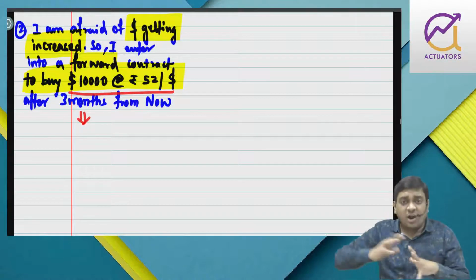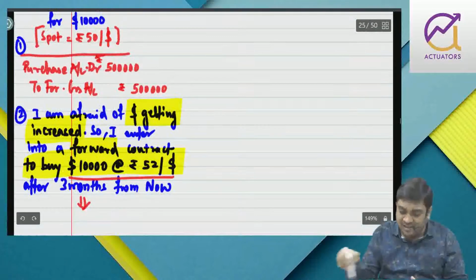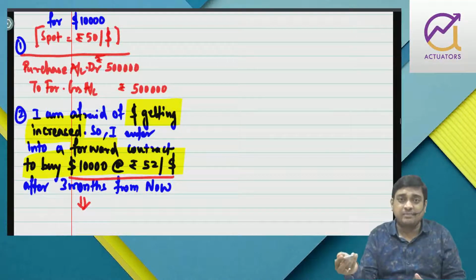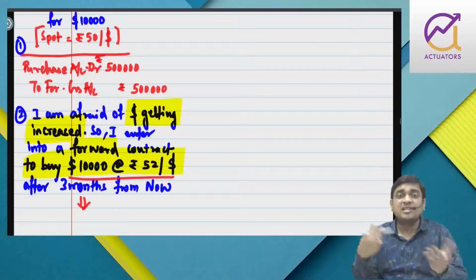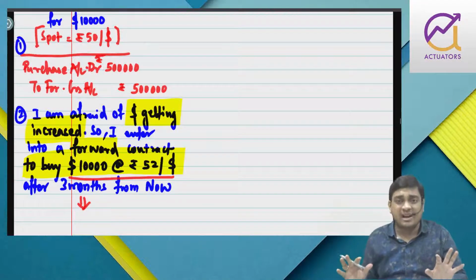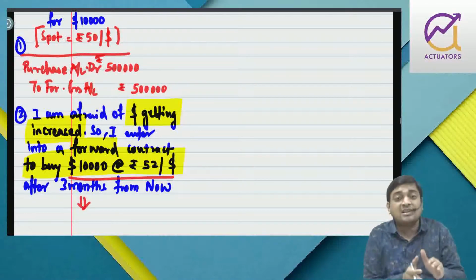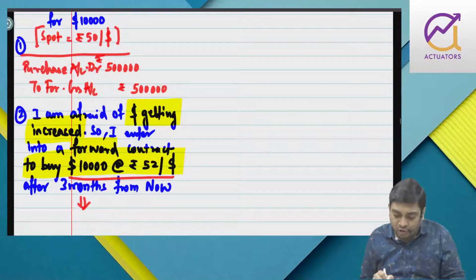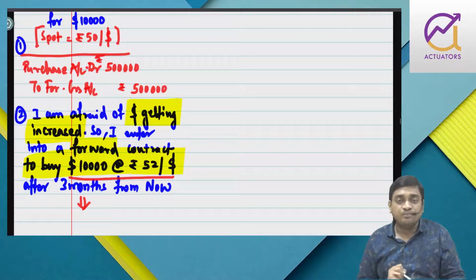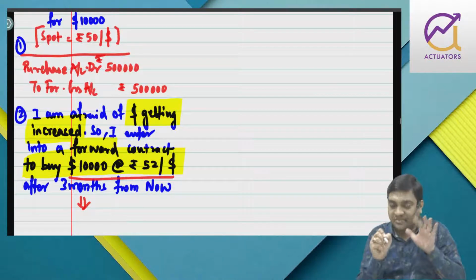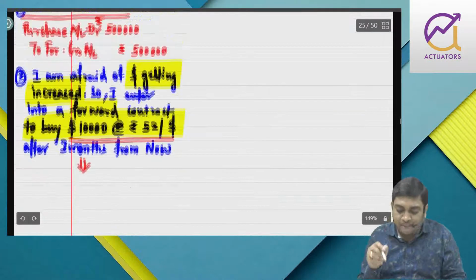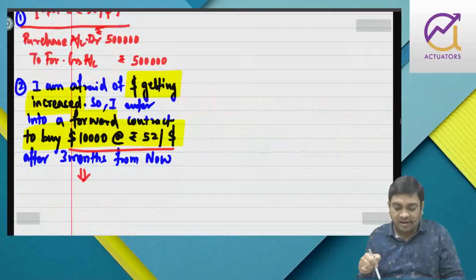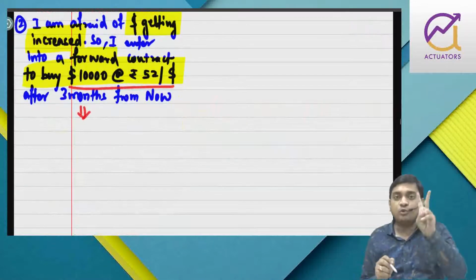So there is a lot of relationship between forward and spot, known as interest rate parity or purchasing power parity, that you are going to study in forex management, but that is not a matter of concern of accounting. Initially I have entered into a contract to buy at 52 and it's available today at 50. So if I compare this spot with the 3-month forward, I have a loss of 2 per dollar.